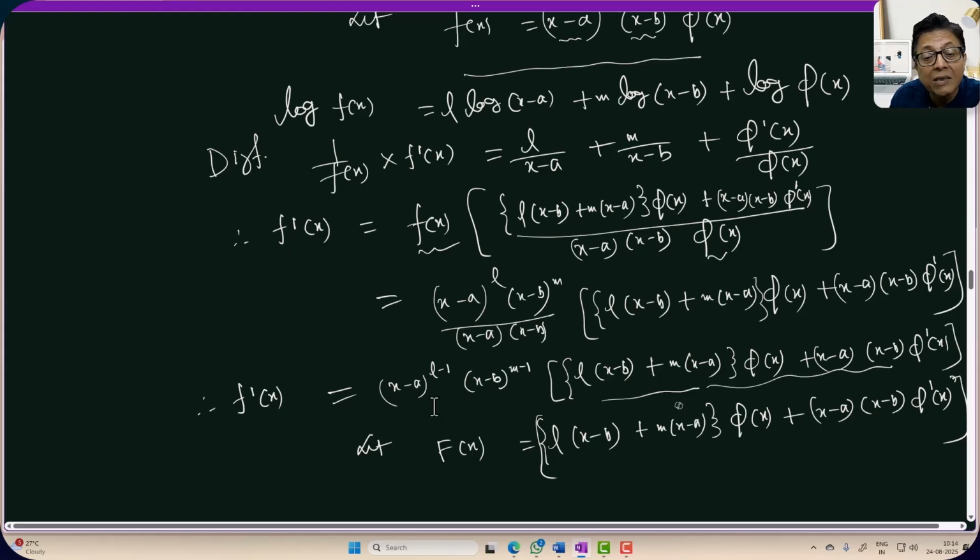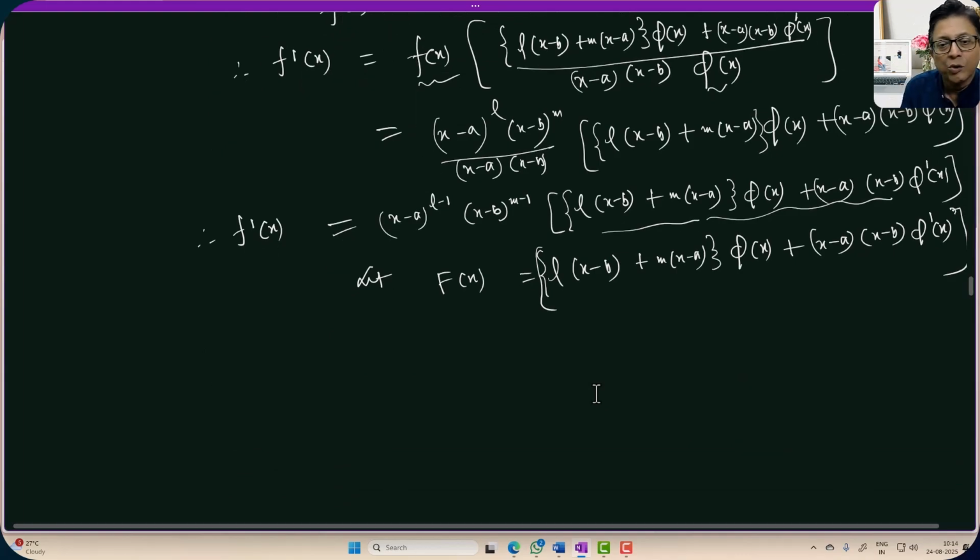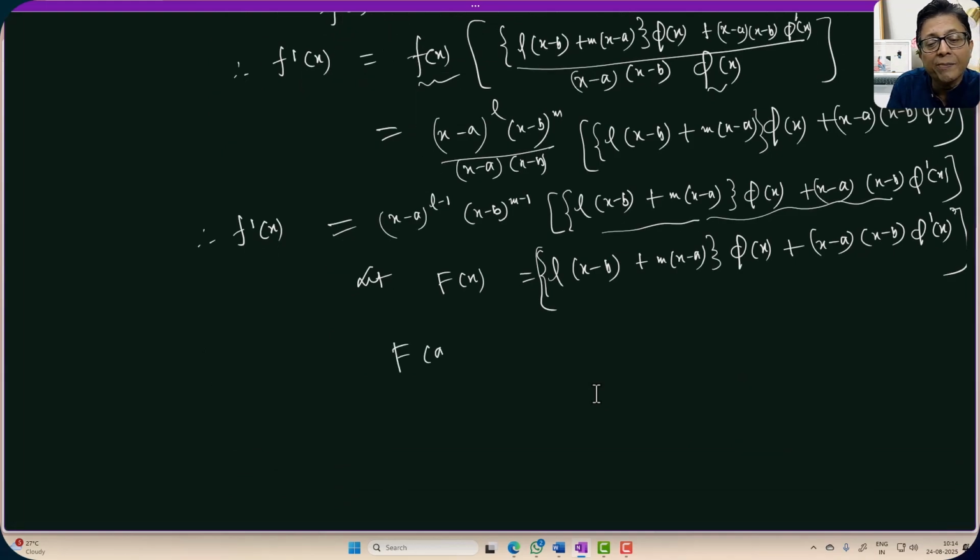Those are distinct. This occurs L minus 1 times, this occurs m minus 1 times. Those are distinct from the roots of this polynomial. Now this polynomial fx, when you find the value of fa, then this is going to be what? L a minus b phi a, because this part 0 and this part 0.